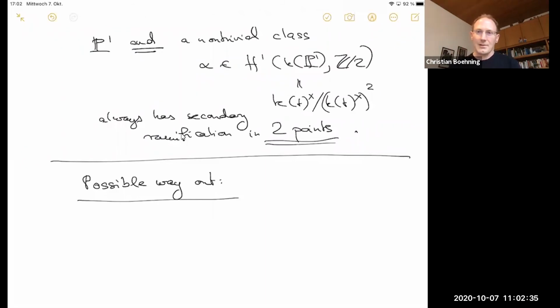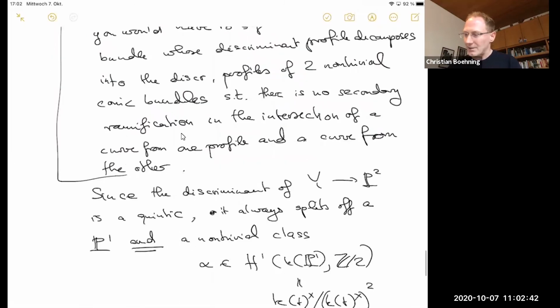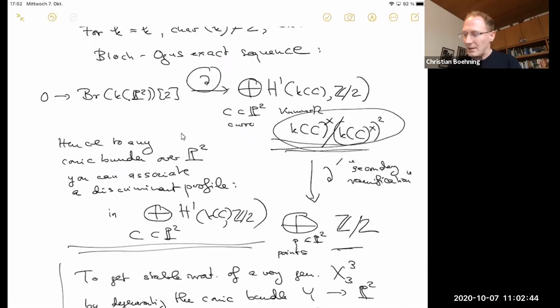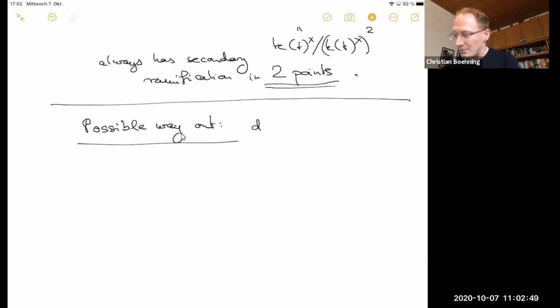And also Bloch-Ogus theory no longer works the same way. This exact sequence here is no longer there, we found. So that could give us more freedom. So degenerate into characteristic 2. So this is something we did. This, of course, runs into all sorts of technical obstacles that one has to overcome. Especially the theory of residue maps is different.